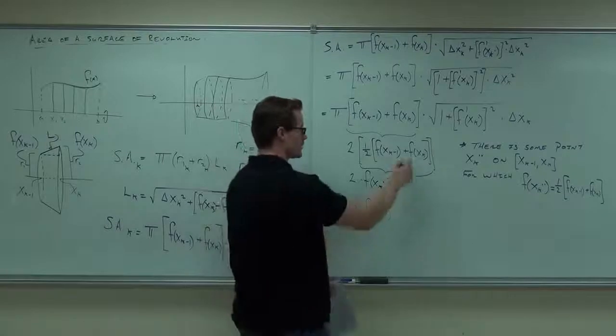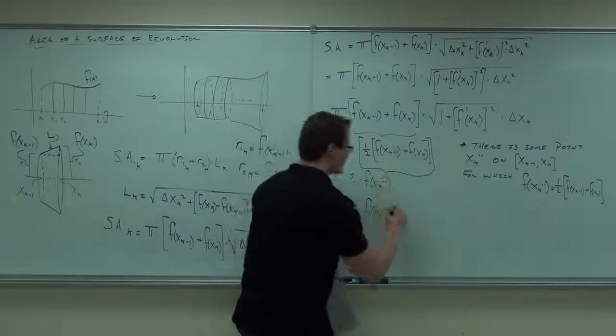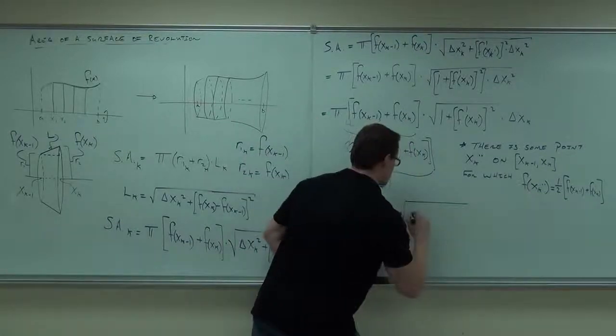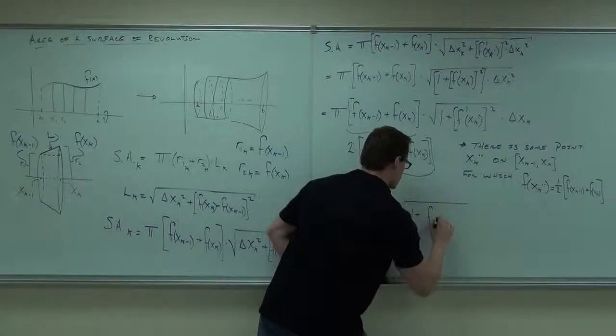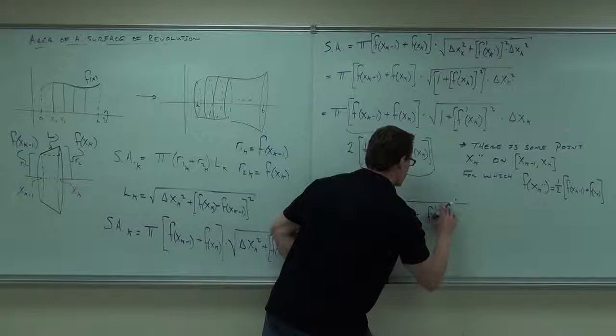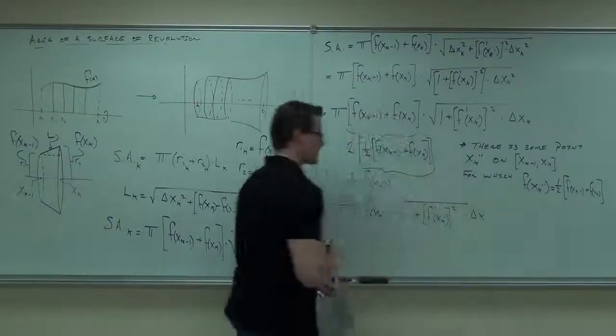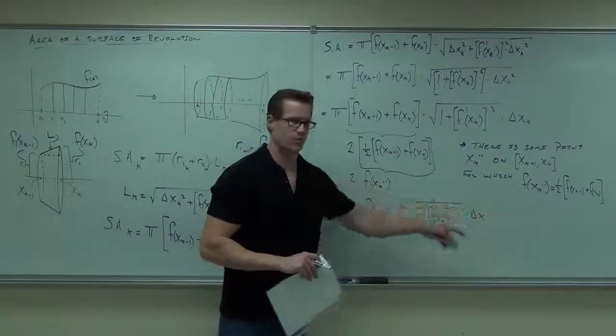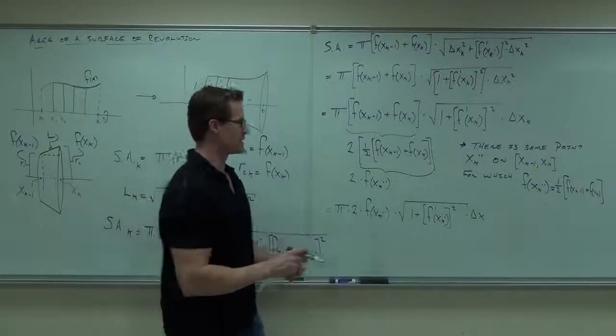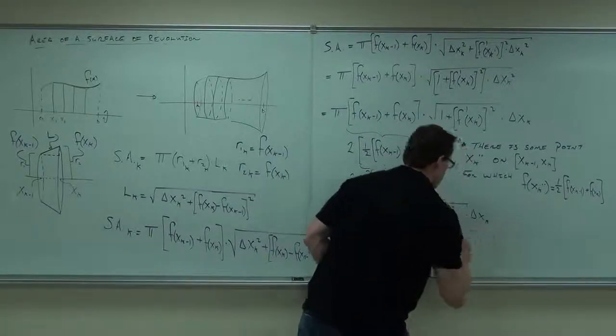That's all this. Times, we already had the length, times delta x. Delta x is now outside of our square root. Remember, we took the square root of the delta xk dot times delta xk squared.